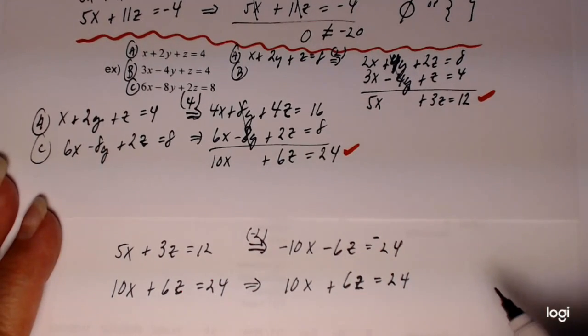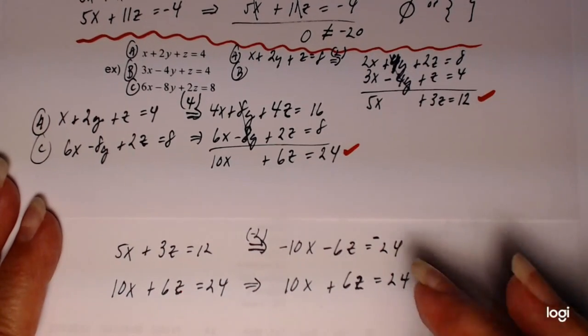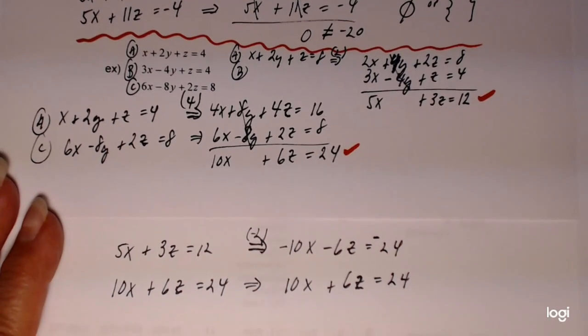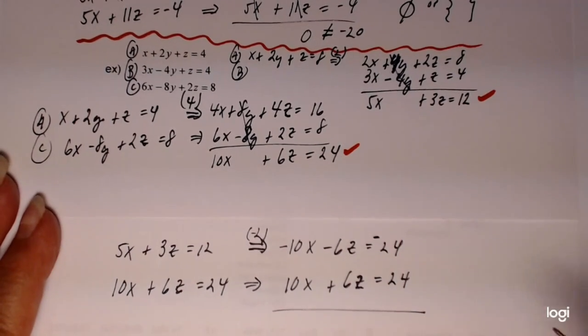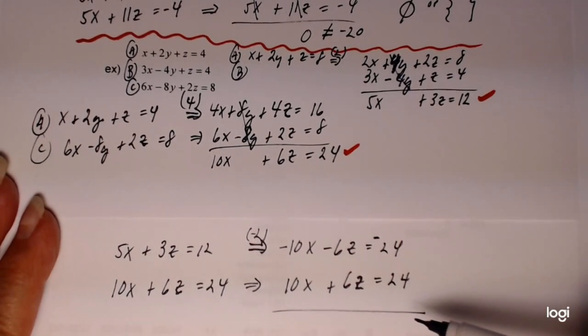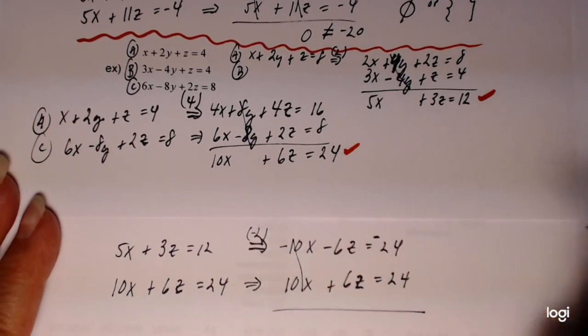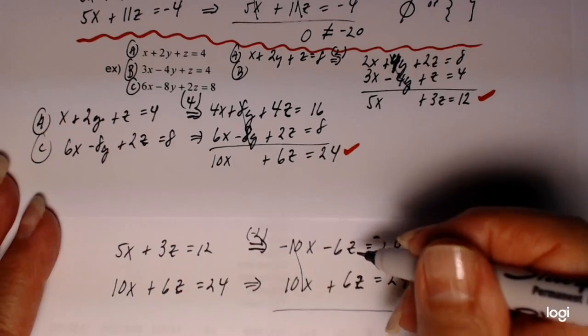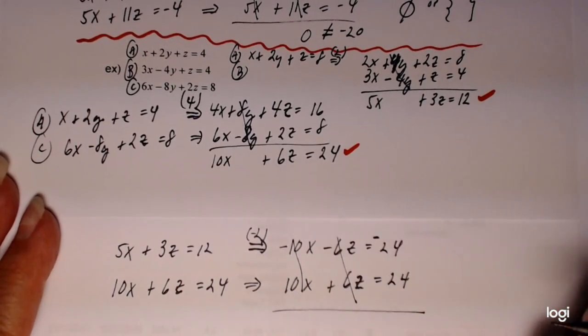As I said, you need to be careful, and I'm rushing a little bit to get this video done and made a mistake. That could be very problematic. Fortunately, I caught it. So now we have the two equations. Let's add. Negative 10x and positive 10x, the x's cancel, they're gone. Negative 6z and positive 6z, the z's are gone.